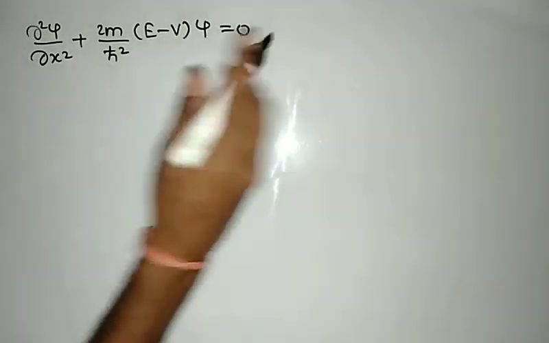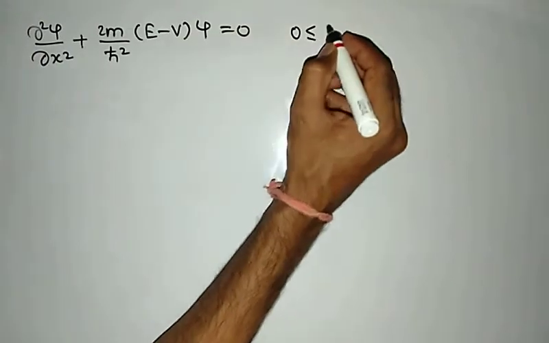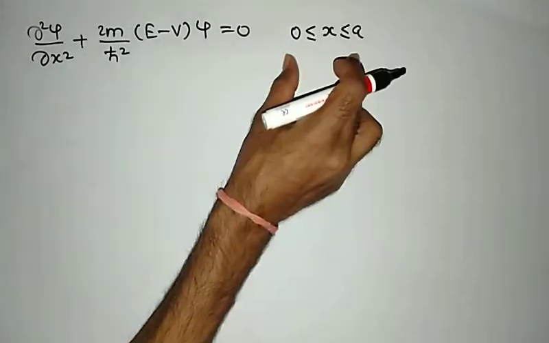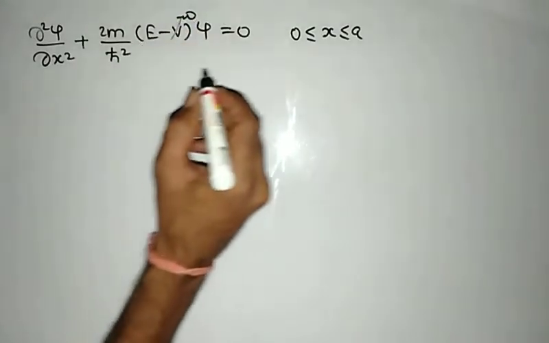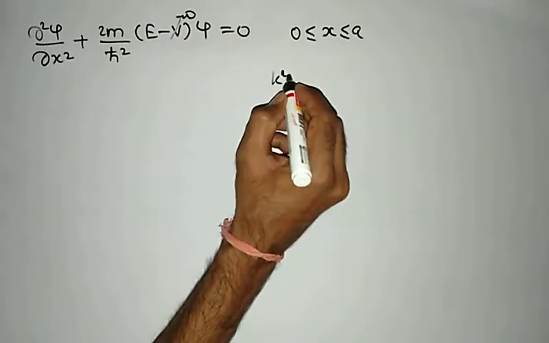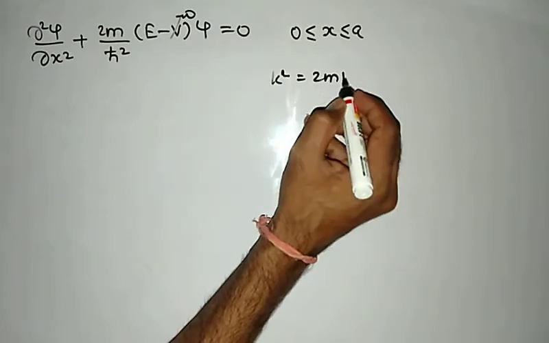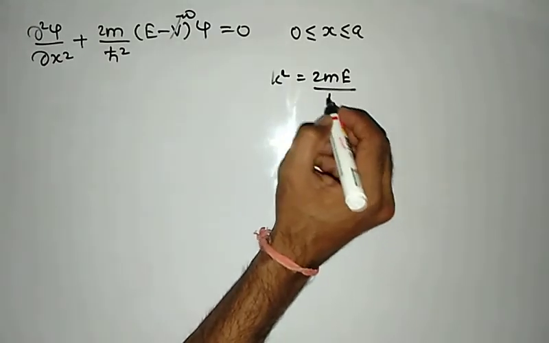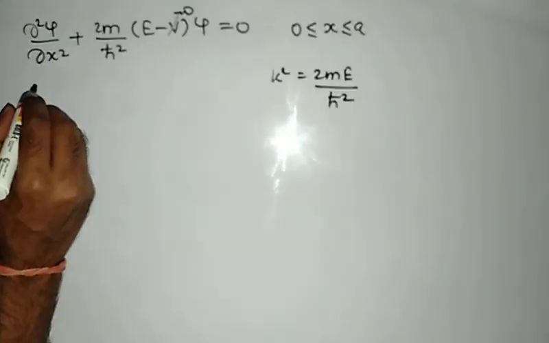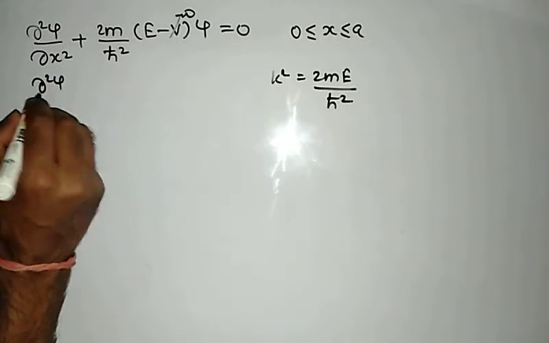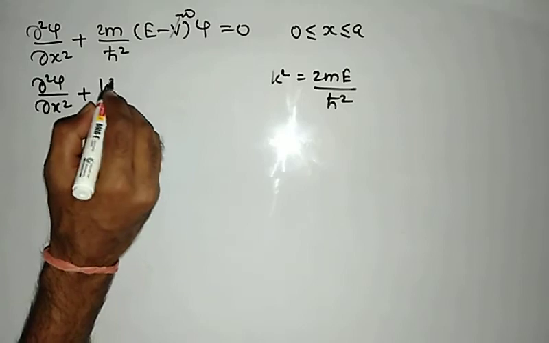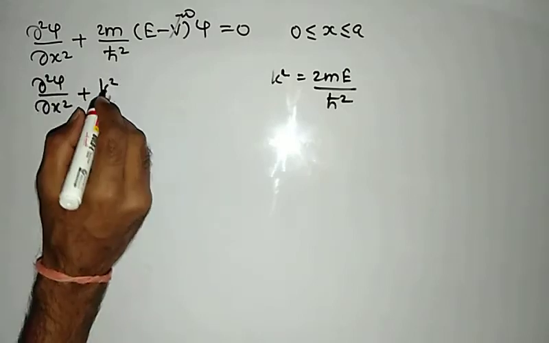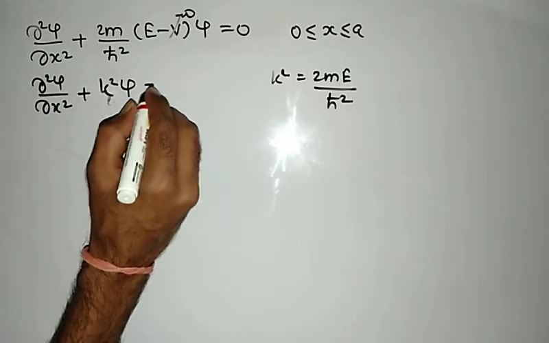Since V is equal to 0 in this region, that term will be 0, and taking k square equal to 2mE upon h cut square, this equation reduces to del square psi upon del x square plus k square psi is equal to 0.